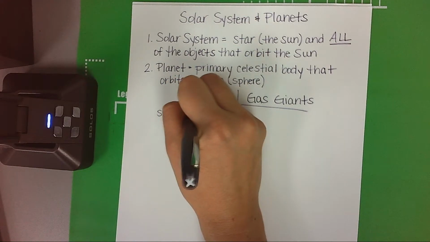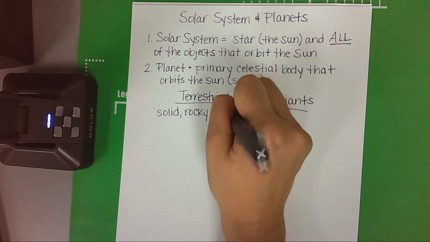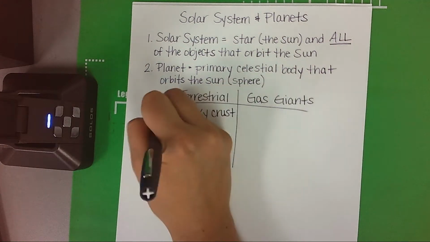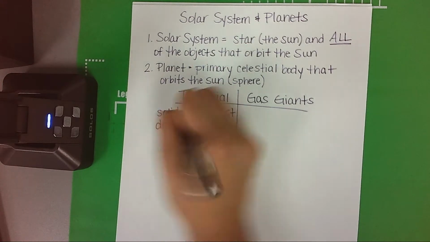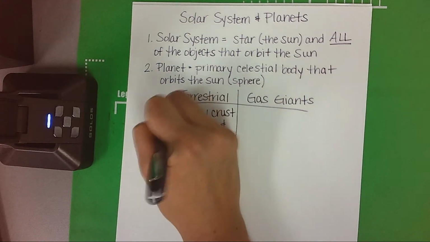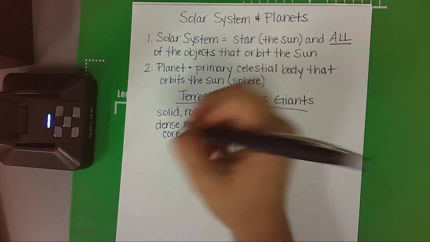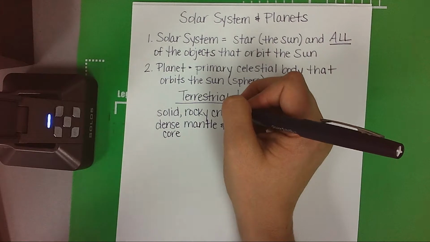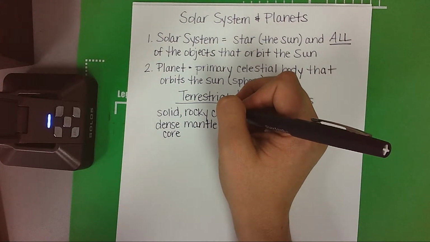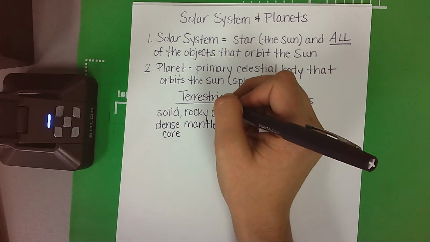They have rocky crusts, like the outer layer, a dense mantle, and a dense core. So notice that terrestrial planets have a core, mantle, and crust. That would help us remember, if you remember in elementary school, that the Earth has three main layers, the core, mantle, and crust. And so terrestrial planets are the ones that are solid.